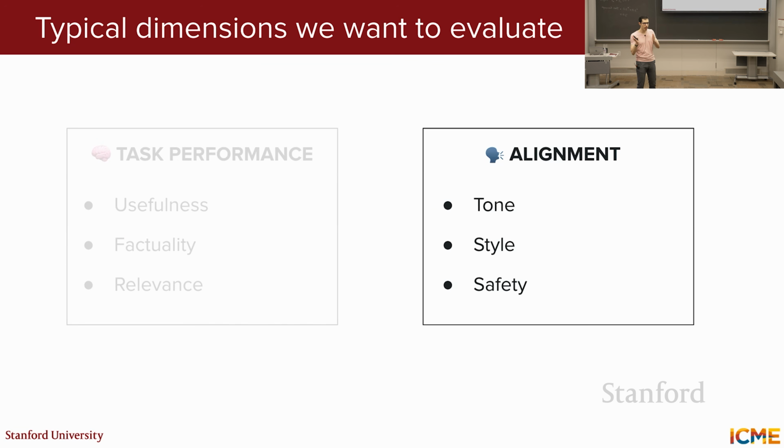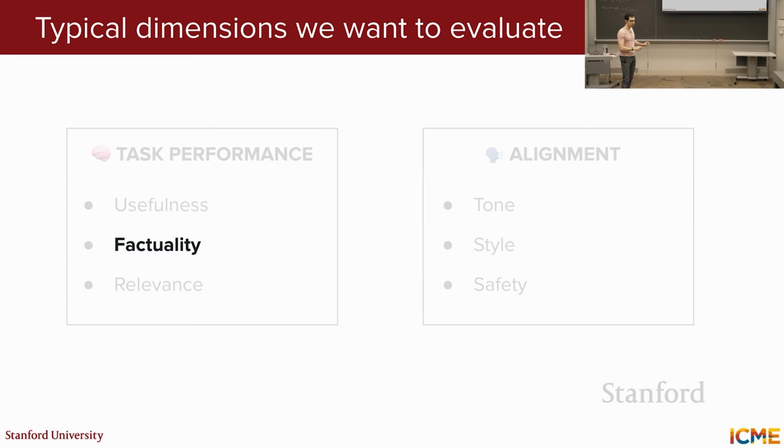And also how aligned the response format was, in terms of tone, in terms of whether the style was aligned with what we want, and in terms of whether there were any unsafe elements in the response given to the user. I just want us to spend maybe 5 minutes on the factuality dimension, which is actually something that requires a little bit more work.